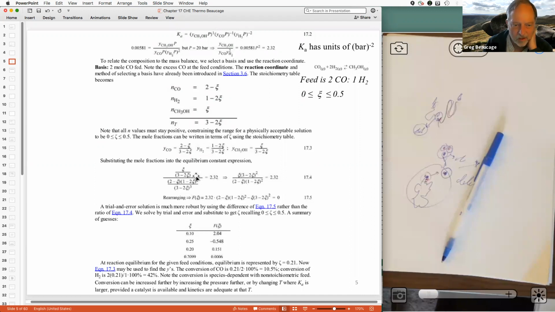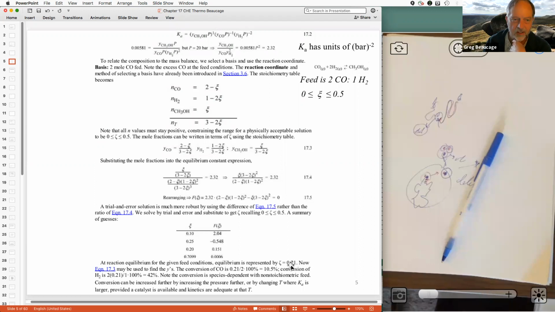Let's see, the P has been put into this 232 because the pressure is fixed. So you put the P into that constant, and then you can just solve this by trial and error. You put this into Excel, use Solver, and it'll spit out 0.21 for the reaction coordinate. So it's 0.21, that's between 0 and 0.5, so that's good.